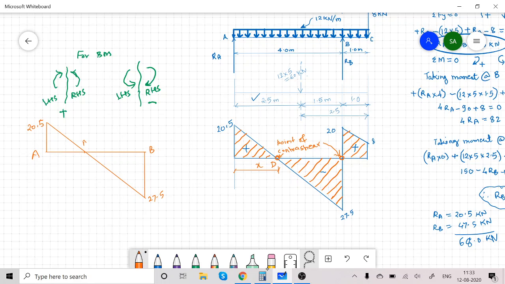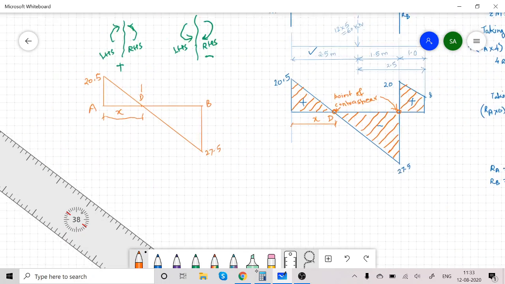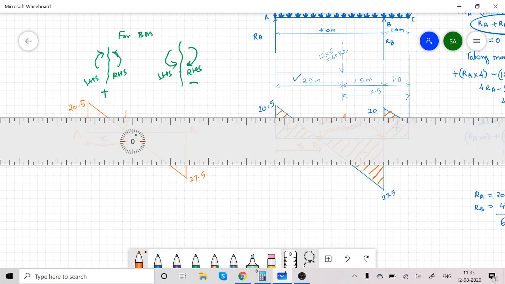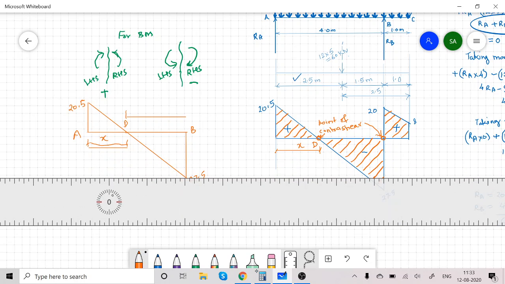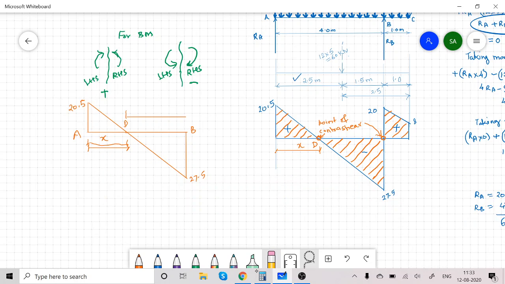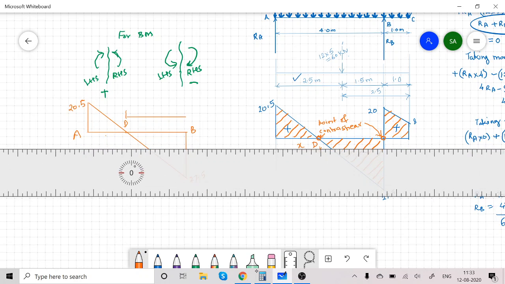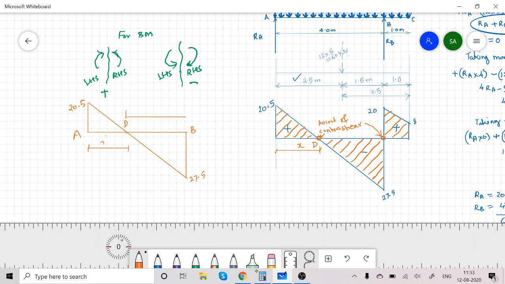The distance between A and D, I am assuming it as X. So the remaining distance between D and B, total A to B distance is 4 meter. So this will be 4 minus X.